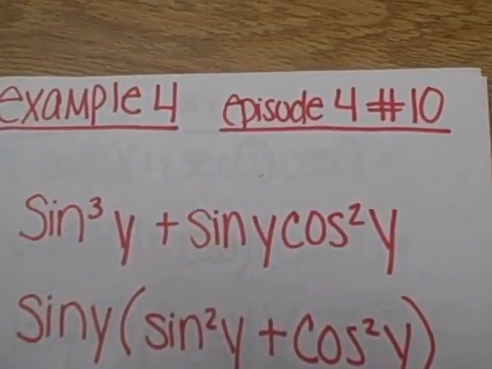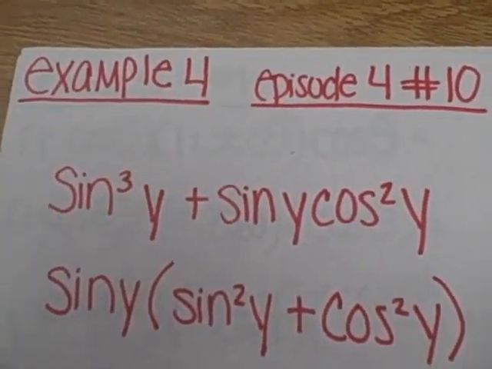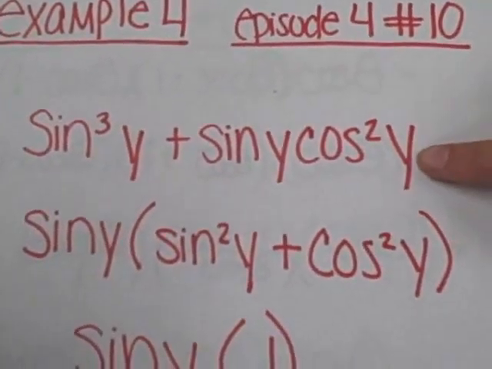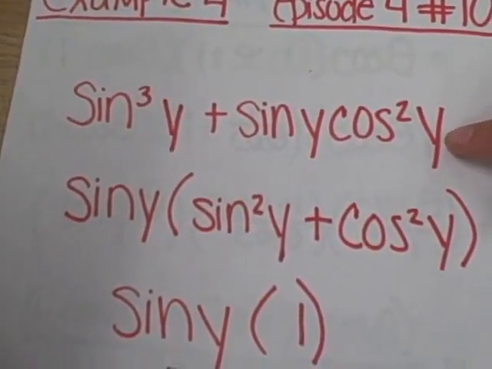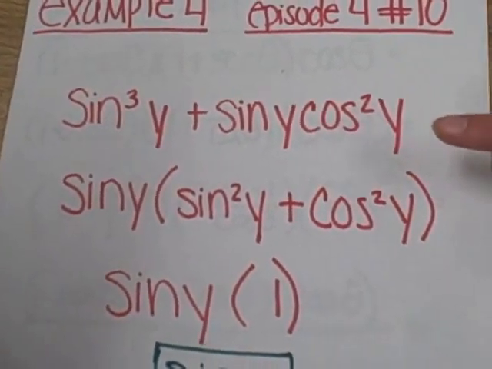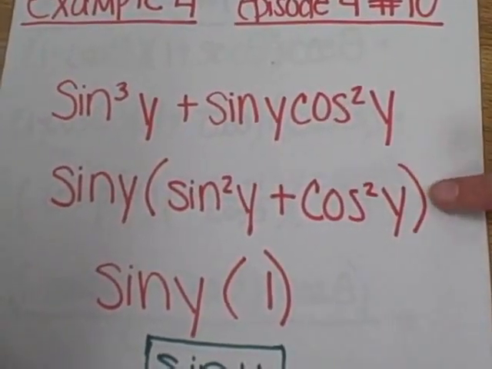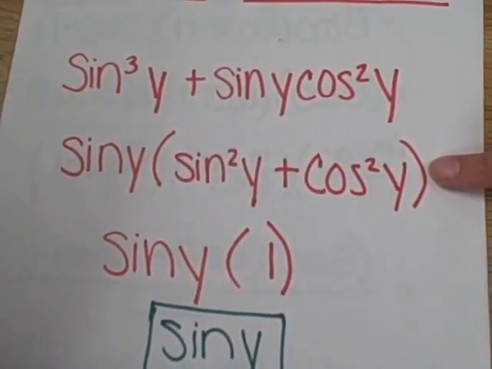Our Example number 4 is from Episode 4, Number 10. The problem is sine cubed y plus sine y times cosine squared y. First, you have to factor out a sine y. So when you do that, you have sine y, and then in parentheses, sine squared y plus cosine squared y.